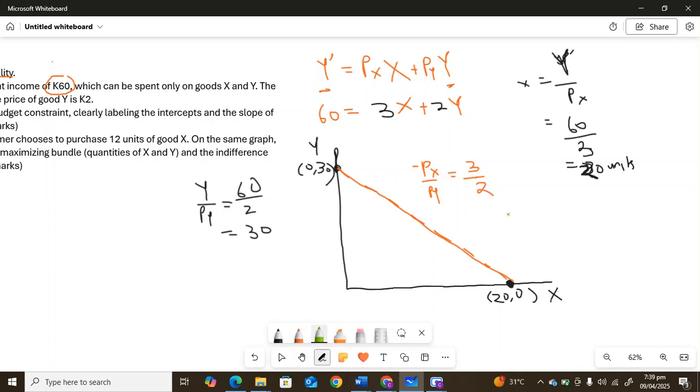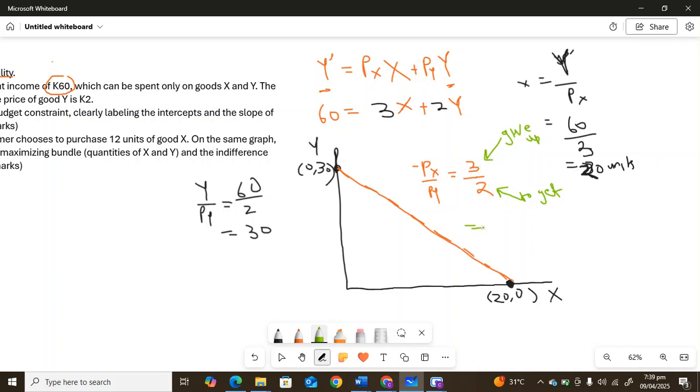So basically, to get 2 units of good y, you need to give up 3 units of good x.